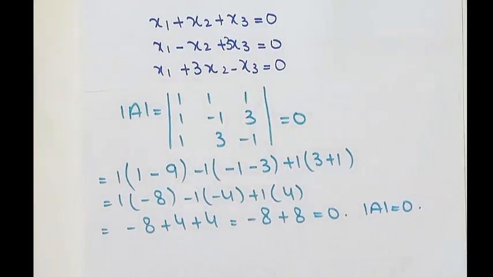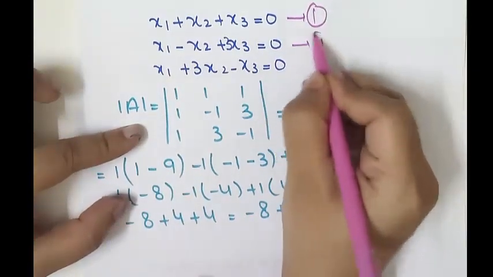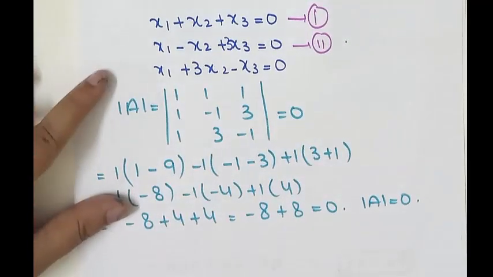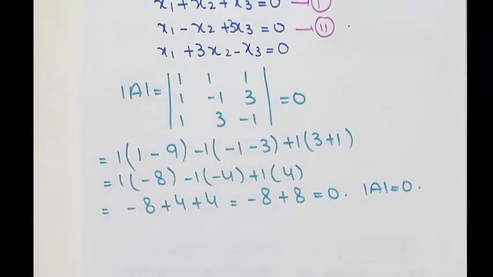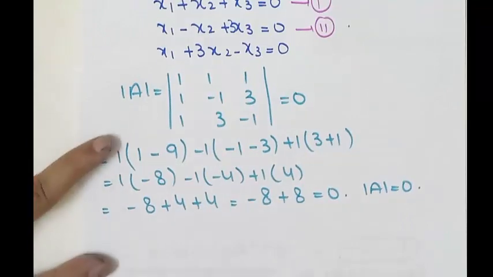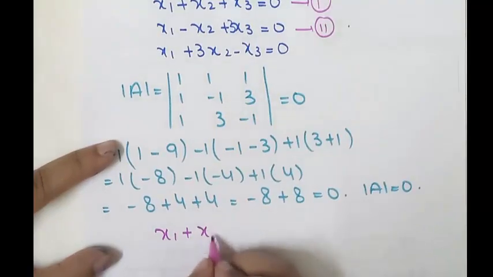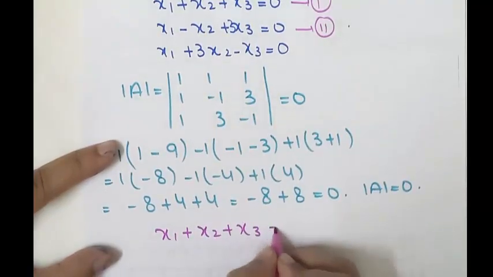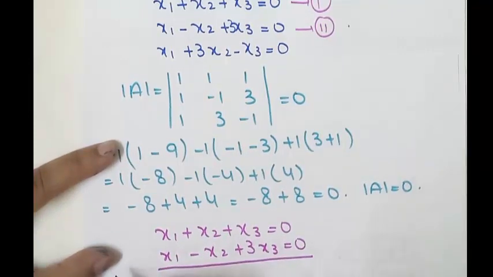Okay, first we will solve the first and second equations, equation number 1 and equation number 2. And then we will put the answer in equation number 3 and check whether it's satisfied or not. So x1 plus x2 plus x3 is equal to 0. x1 minus x2 plus 3x3 is equal to 0.